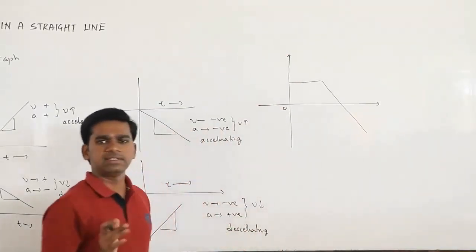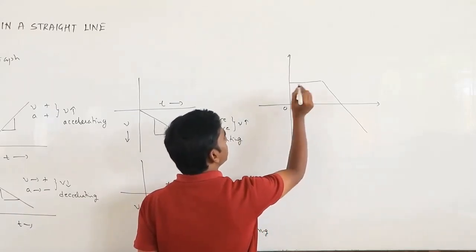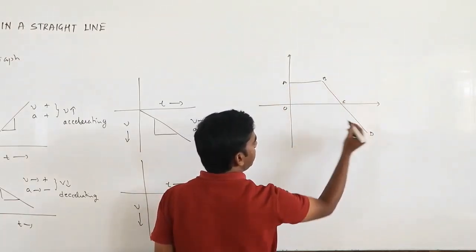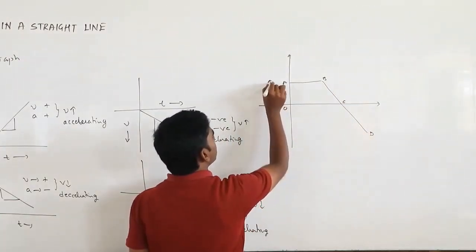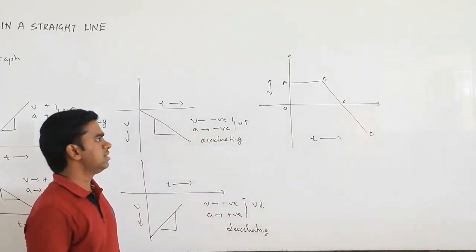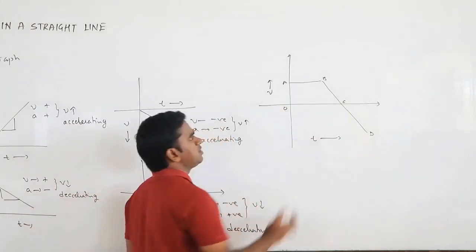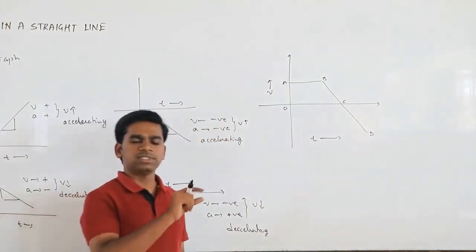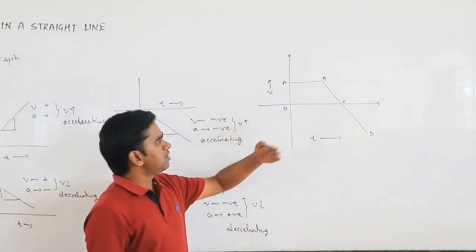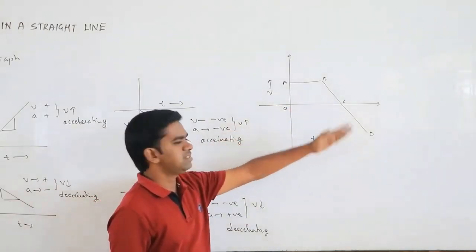Finding the slope and other things are different, but at least you should be able to describe what is actually happening here. Suppose I identify the points as A, B, C, D. Here it is a velocity-time graph, V versus T. How can you describe it? Here you cannot give a single statement or conclusion, because it is not constantly increasing or decreasing. The graph is changing in different directions at different places.